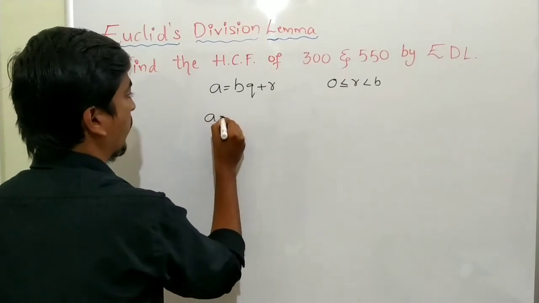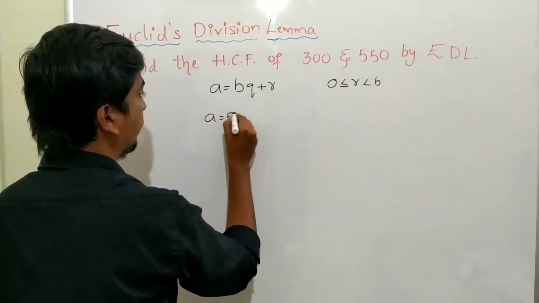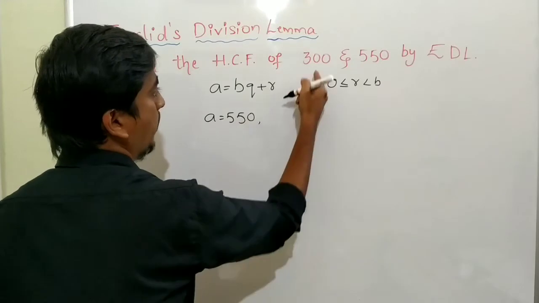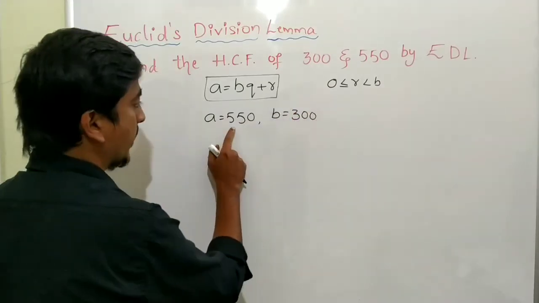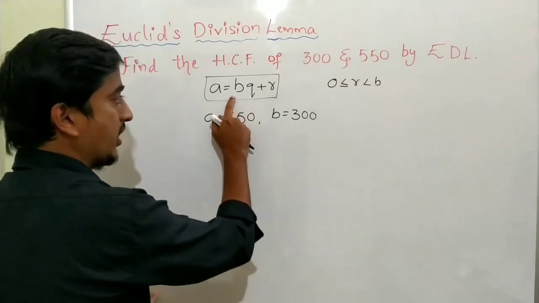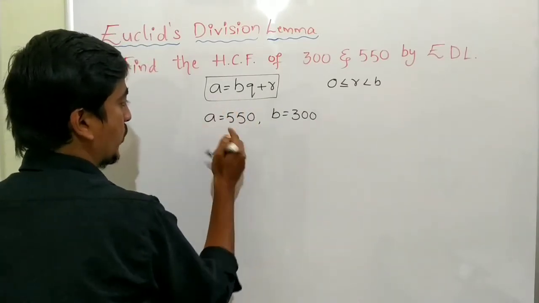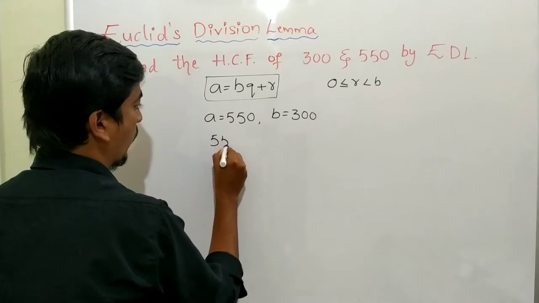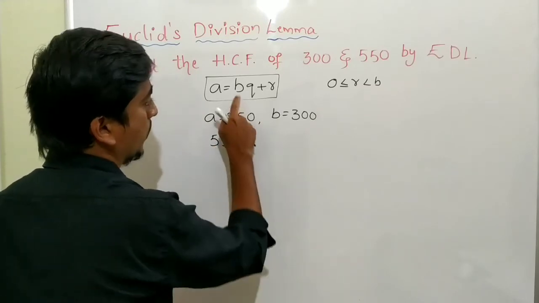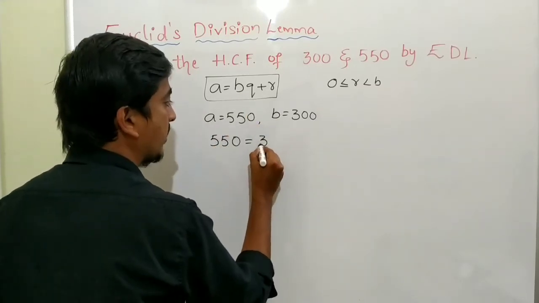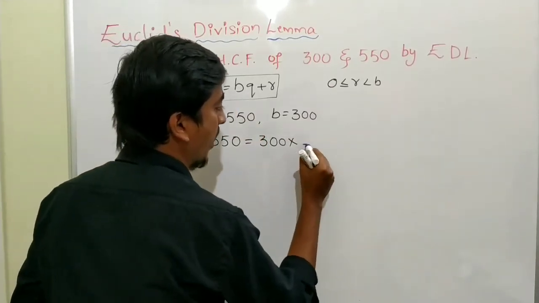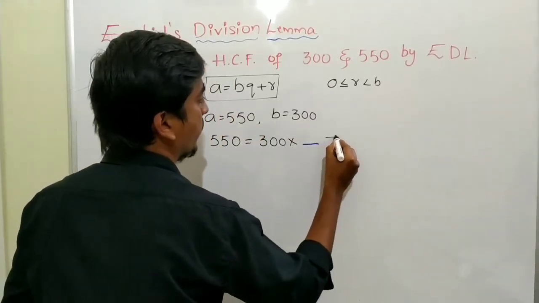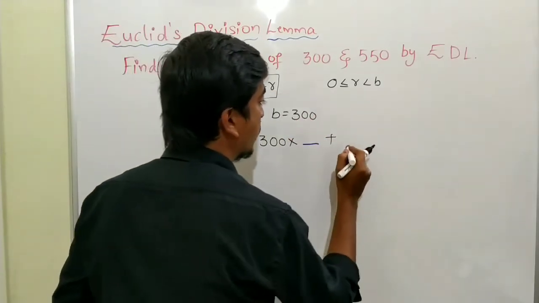So a is 550 and b is 300. Substituting in the lemma: 550 equals 300 into q, which we have to find, plus r. That remainder also we have to find.